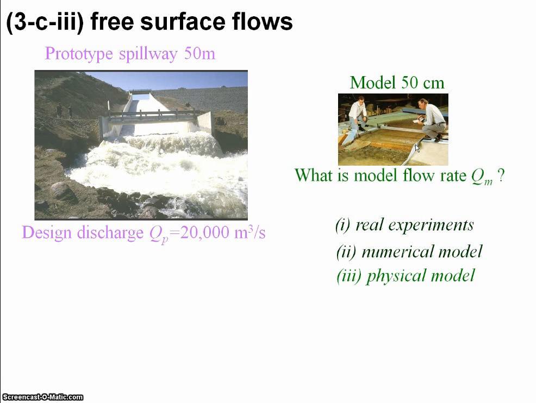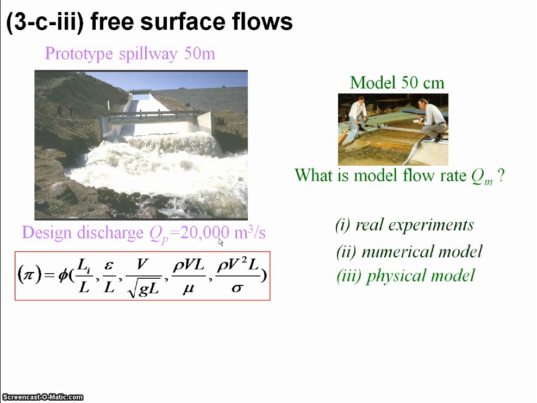So how do we do that? The question is, what is the model flow rate, and what will be the relationship between this model flow rate and the discharge if we follow the similitude law? So again, we always go back to the Buckingham pi method that we learned at the beginning.